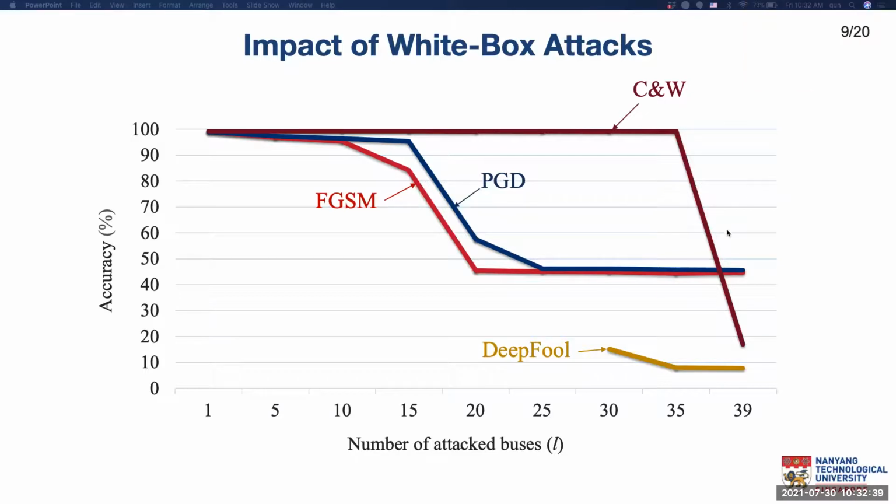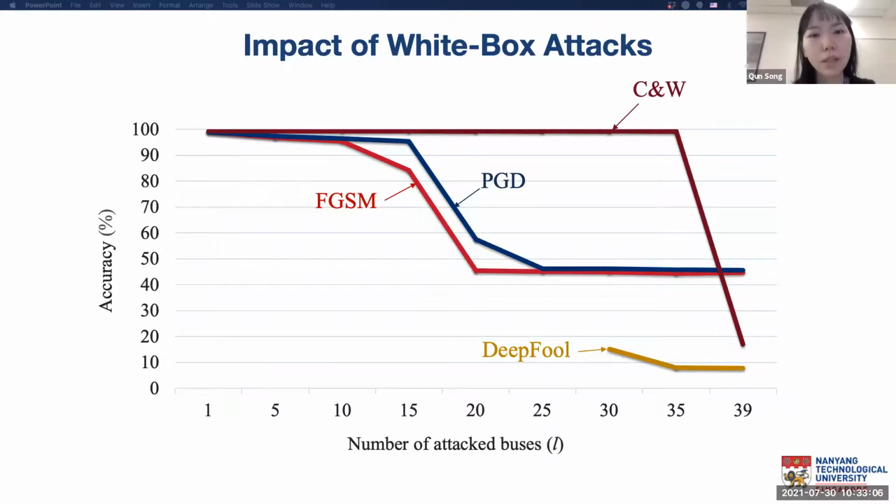Yeah, it's a very powerful attack if you can modify every dimension of the input data. And I think your understanding is not wrong. It's fine if you try different parameters of C&W, I think it makes sense.